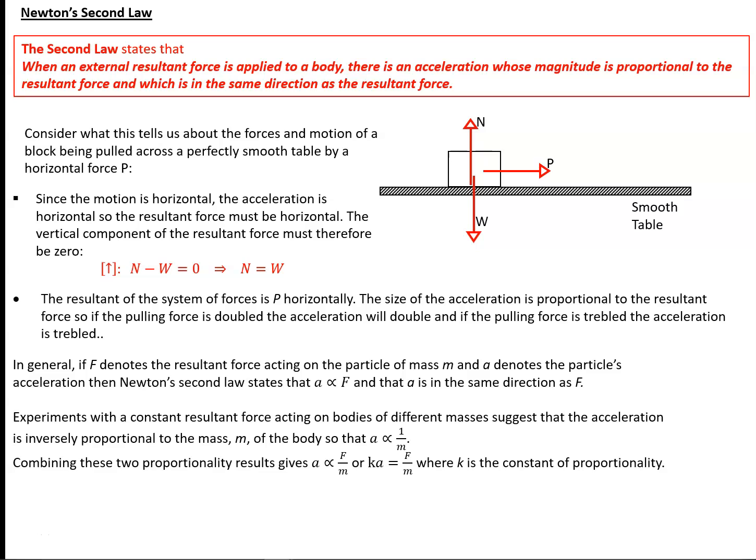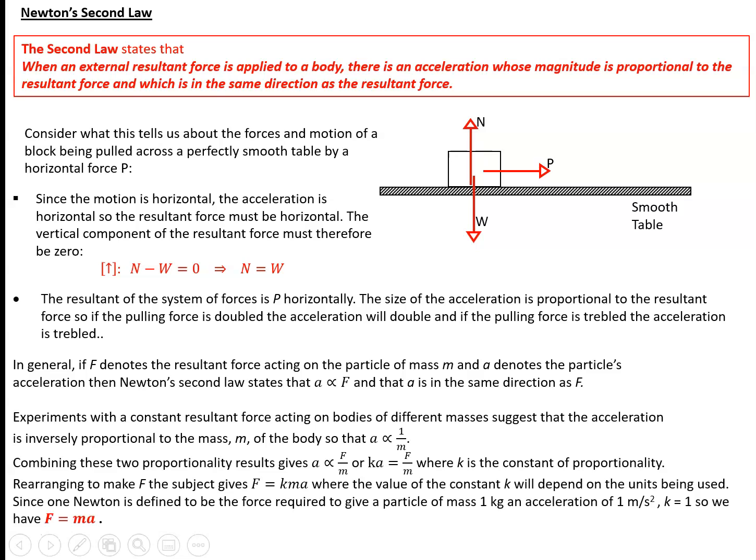The equation F over m equals k times a can be rewritten as F equals k times m times a, where the value of the constant k will depend on the units being used. Now the proper definition of 1 newton is that 1 newton is the force required to give a particle of mass 1 kilogram an acceleration of 1 meter per second squared.